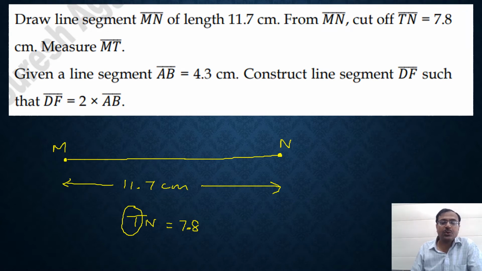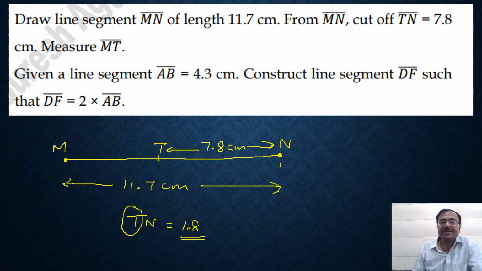So what we need to do is we will take the compass, and in the compass you open the radius as 7.8 centimeters, or you can keep the scale here, the zero of the scale here, and mark a point here. This is point T, such that this part is 7.8 centimeters.